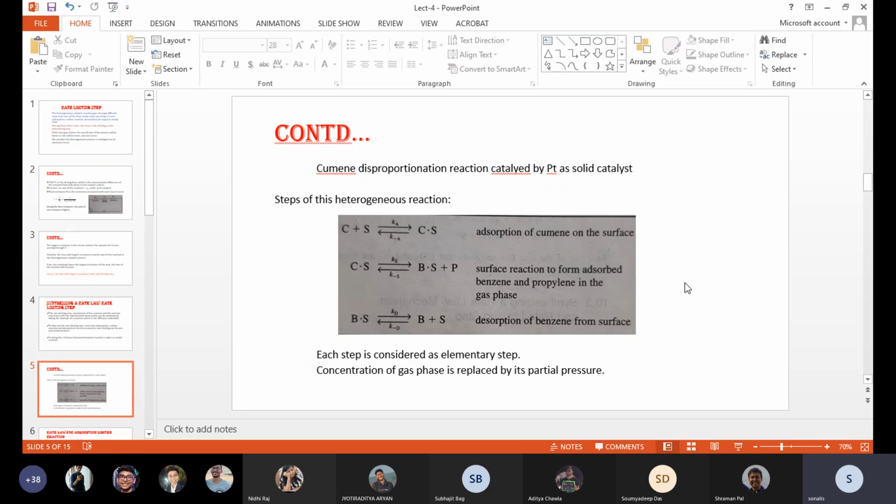I already said we don't think that these steps are again fragmented into various steps. These are single steps and follow the stoichiometry. Concentration of gas phase is replaced by its partial pressure, as it is a gas phase reaction.